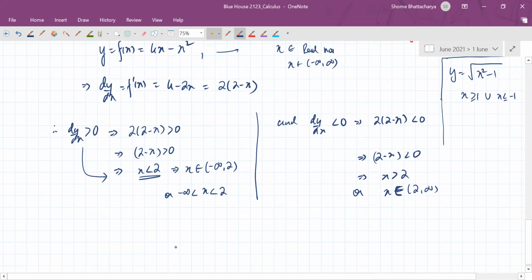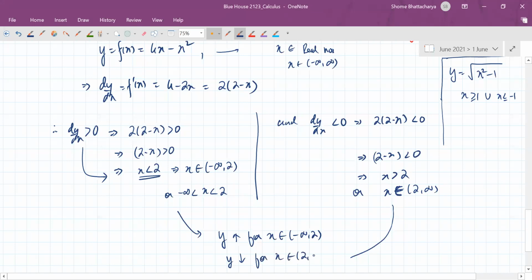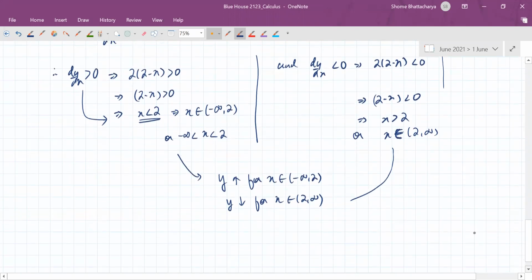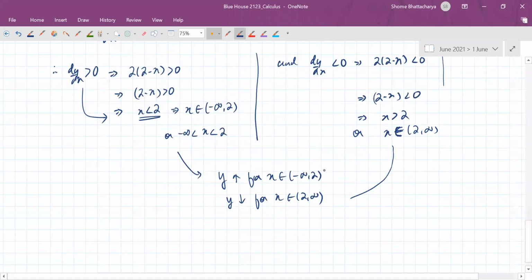So now you can see that therefore the function increases for x belonging to the interval minus infinity to 2, and then the function decreases for x belonging to the interval 2 to infinity. So here I don't have an idea about the graph of the function, but I have already got this information about the function. Okay.